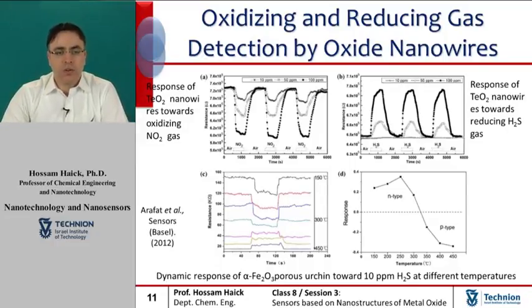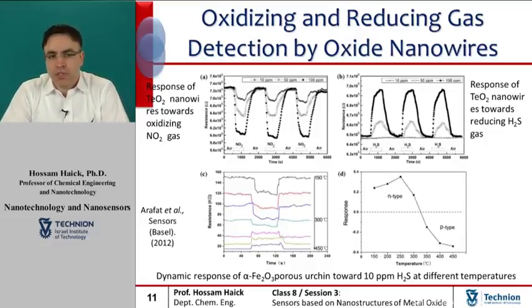Since tellurium dioxide is a p-type metal oxide, the sensor's resistance decreases upon introduction of the oxidizing gas. Also, the sensor's resistance increases when exposed to a reducing gas, such as hydrogen disulfide. As can be seen on the screen, the response time of the nanowires in this case is about 2 minutes.